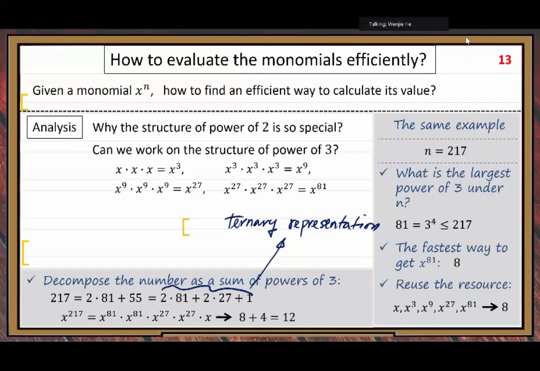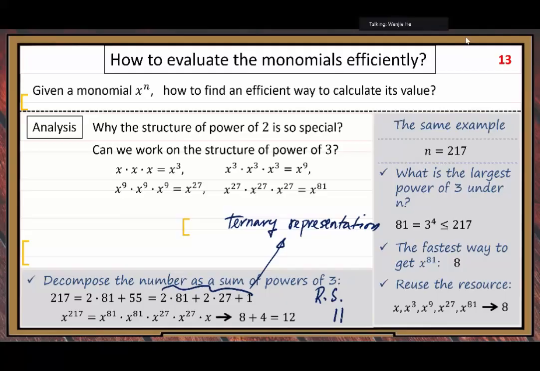So the final answer, 8 plus 4, is 12 multiplications. Now we can compare with the repeated squaring. This is repeated cubing. Repeated squaring, remember that number is 11. Here you can see.